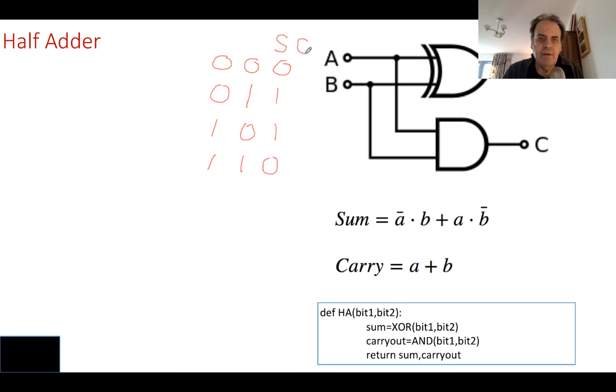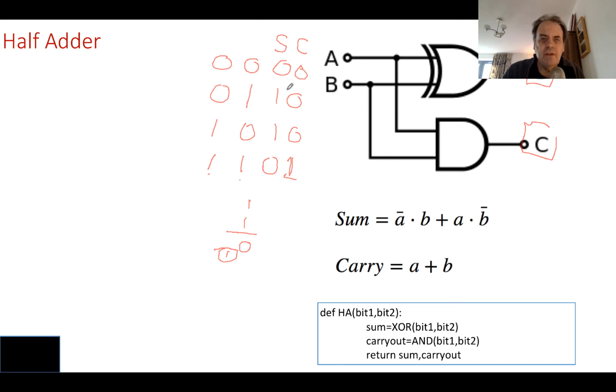And then we have the carry. For the carry, it's 0, 0, 0, and a 1. So when we get a 1 and a 1, it gives us a carry forward. If you think about it, 1 and 1 gives us 0, carry forward 1. So this becomes our carry forward value. We have the sum and then the carry forward.